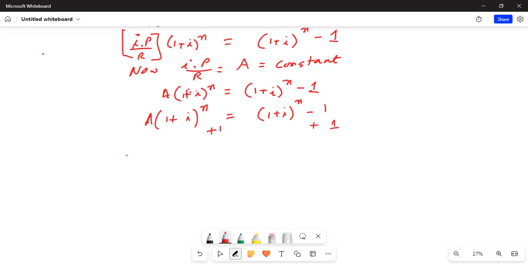So I will have A times (1 plus I) to the power of n is equal to (1 plus I) to the power of n. And I forgot the plus 1 on this side. Okay. Now I will subtract A times (1 plus I) to the power of n on both sides.